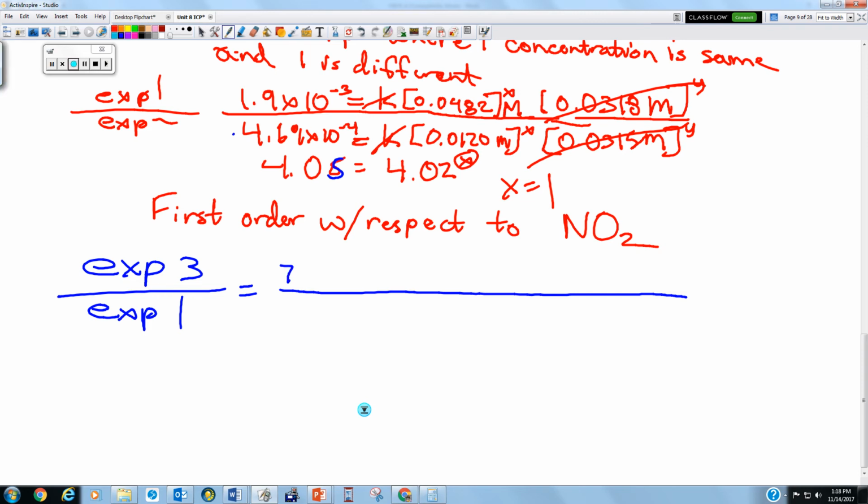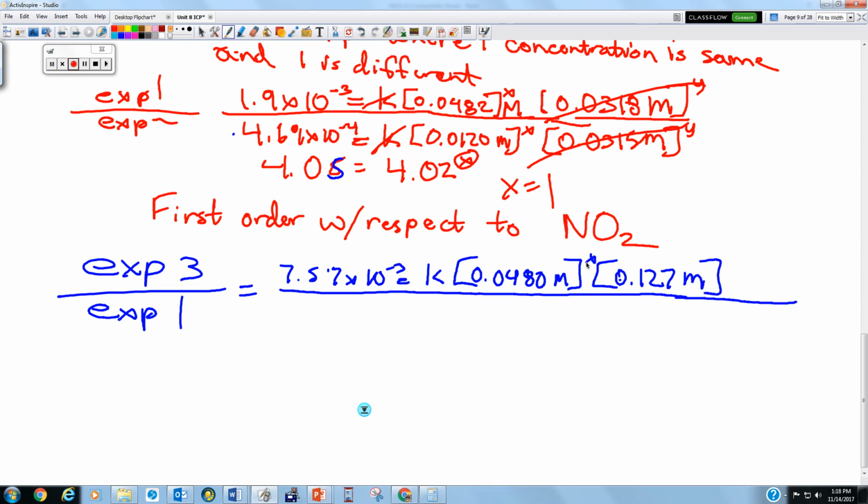So I have 7.57 times 10 to the negative third equals K times 0.0480 molar times 0.127 molar.